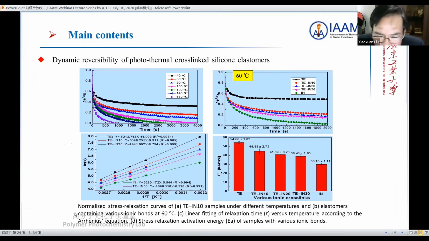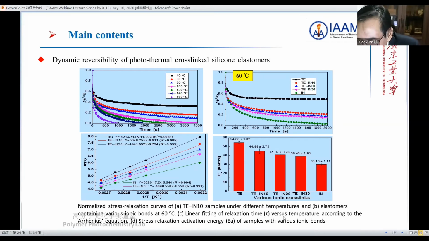Elastomer, here are the stress relaxation curves. A is at different temperatures. B is different ion bonds at 60 degrees centigrade. As in figure C, it is a similar feature of the relaxation times.